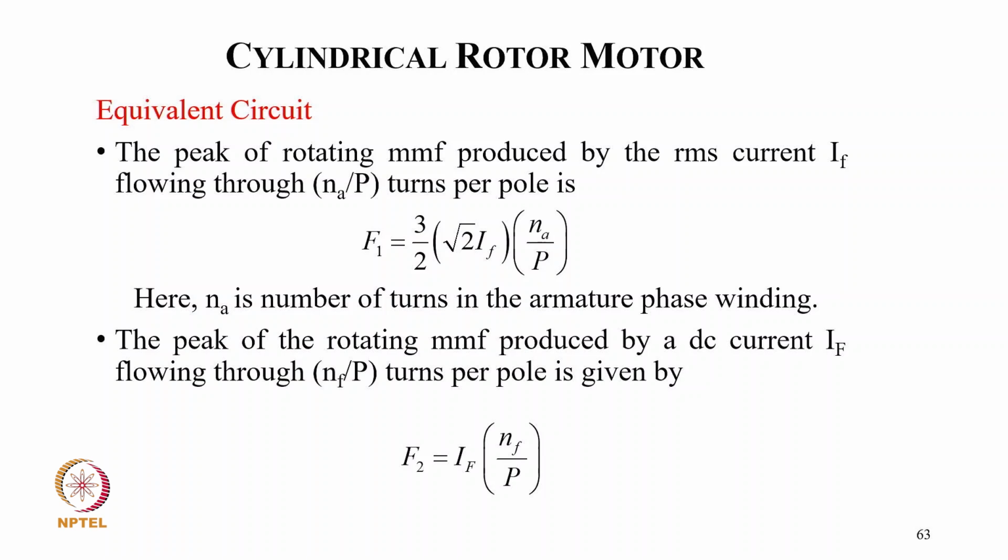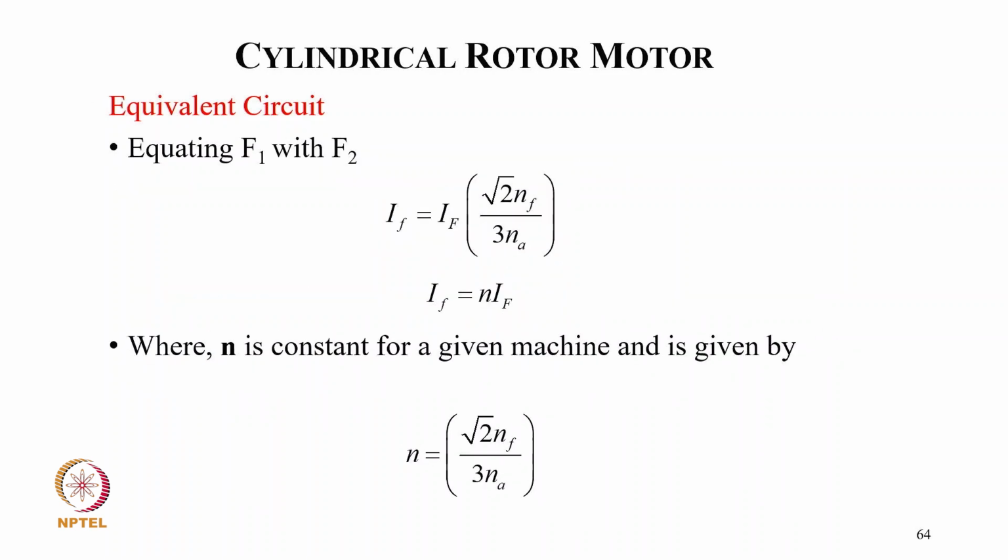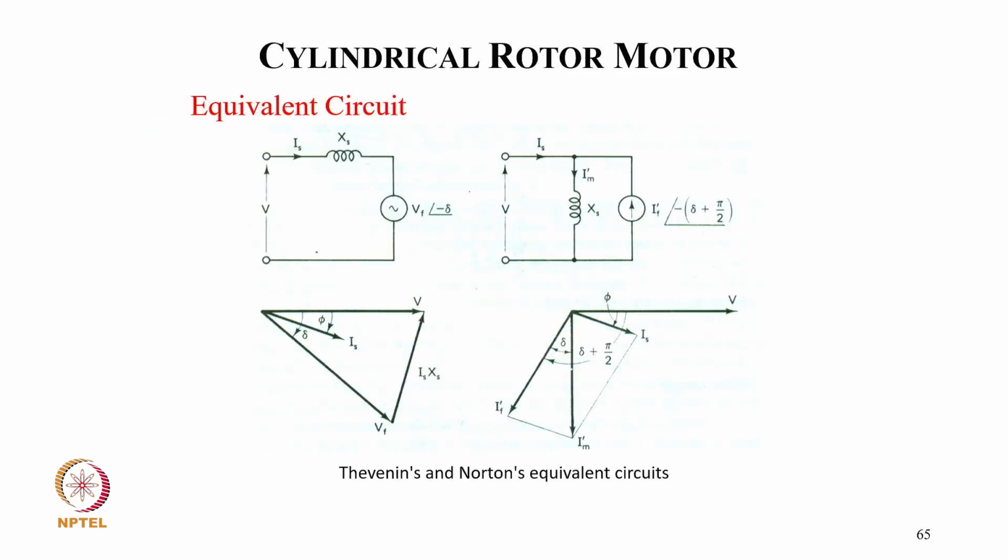The peak of the MMF produced by DC current IF flowing through NF upon P turns per pole is given by F2 equal to IF times NF upon P. Equating F1 with F2, IF comes to IF capital equals root 2 NF upon 3 NA, and IF equal to N times NF, where N is the constant for a given machine and N equals root 2 NF upon 3 N.